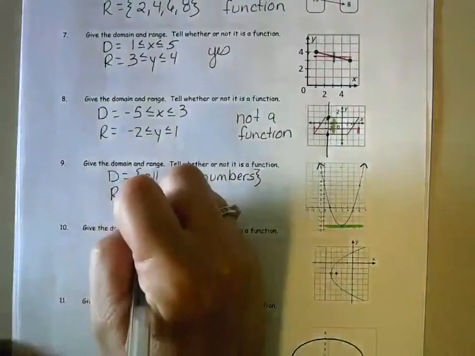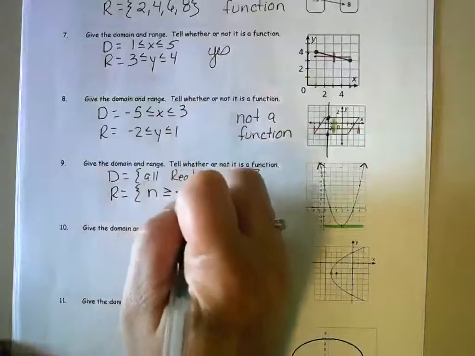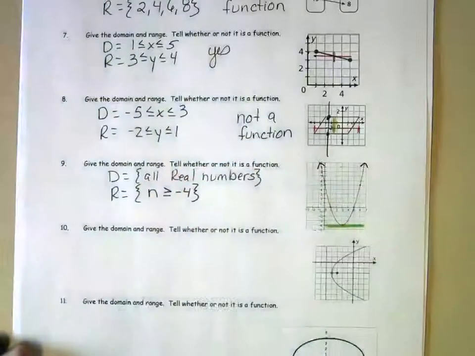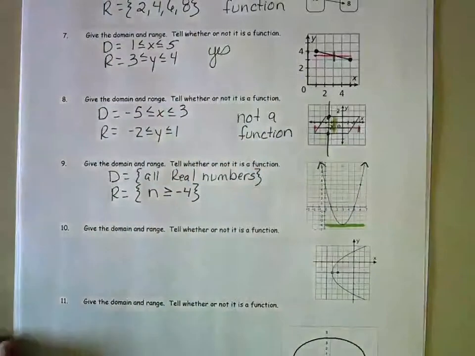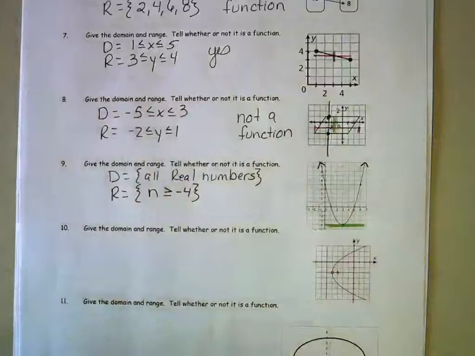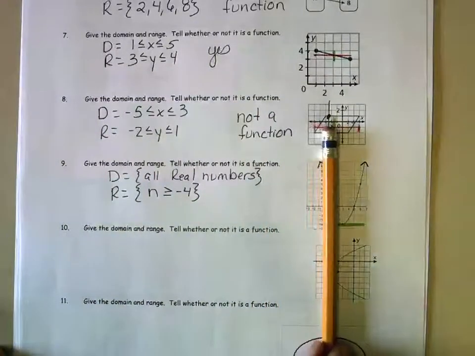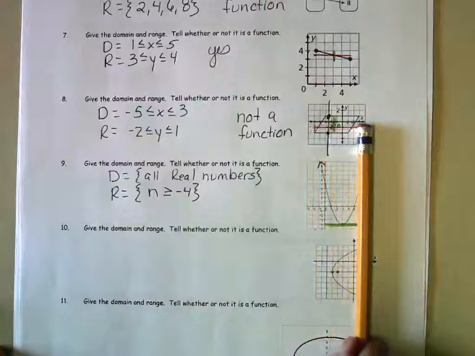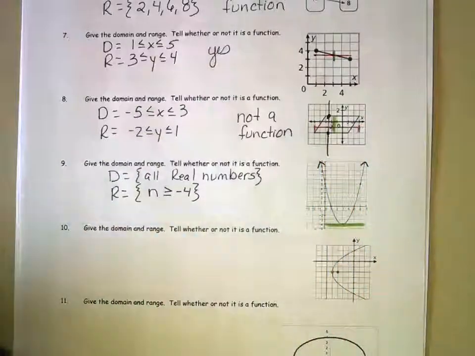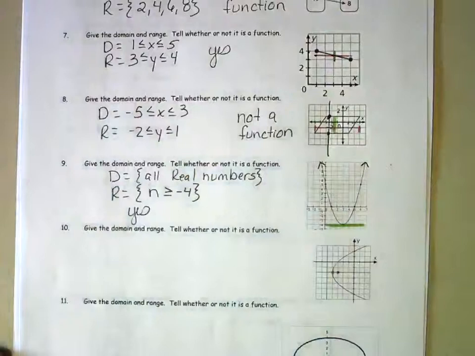So our range then is the numbers that are bigger than or equal to -4. And as we look at this, if you do your vertical line test, pass a vertical line across, it touches in one place the entire time, never touches in two places. So yes, that is a function.